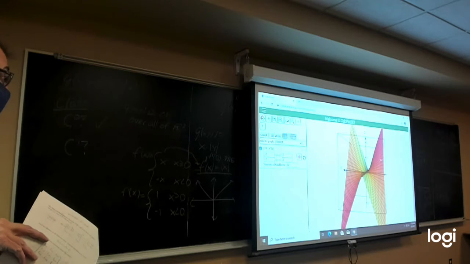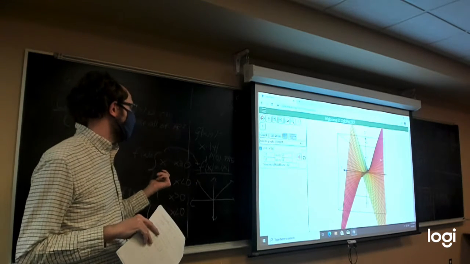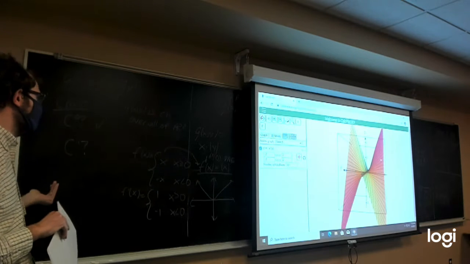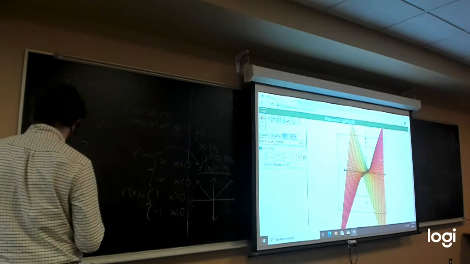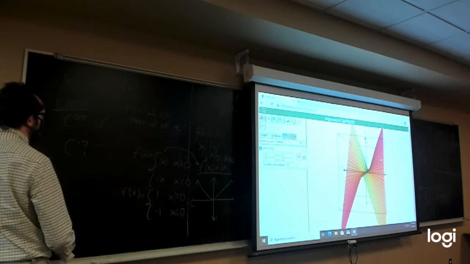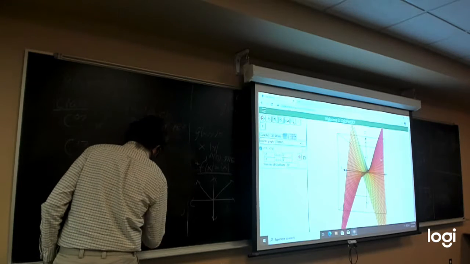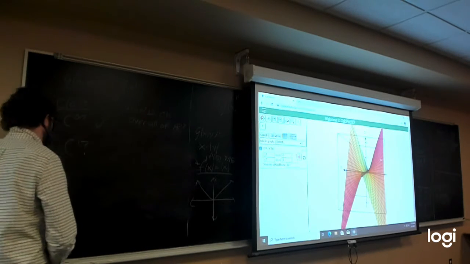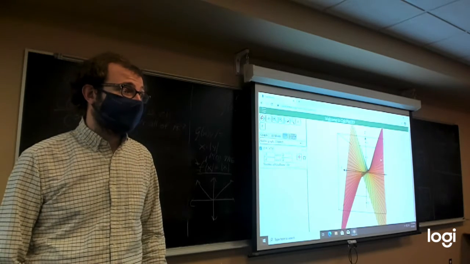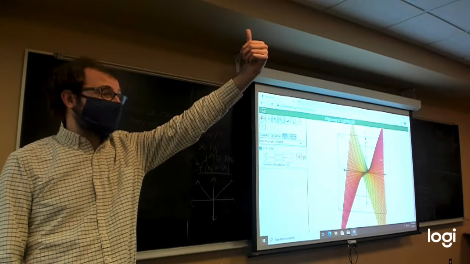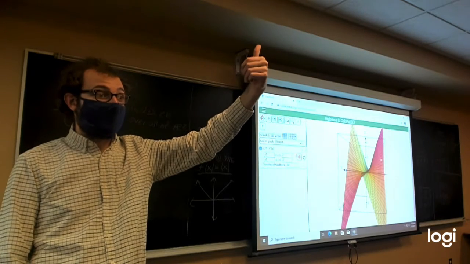So the original absolute value function, f of x equals absolute value of x, turned out to not be differentiable at 0. So what about the multivariable one? G of x, y equals x times the absolute value of y. Is that going to be a C1 function, do you think? Thumbs up for yes, this is C1, meaning all the partial derivatives are going to exist and be nicely behaved everywhere.